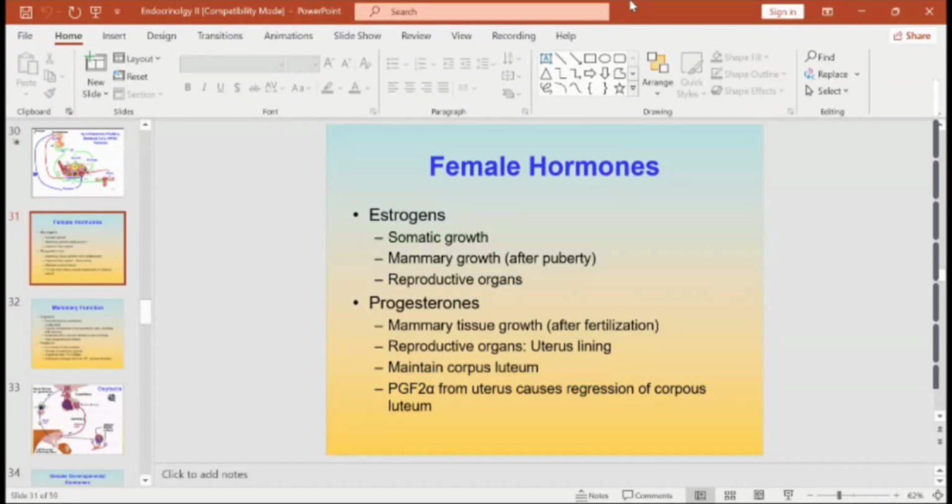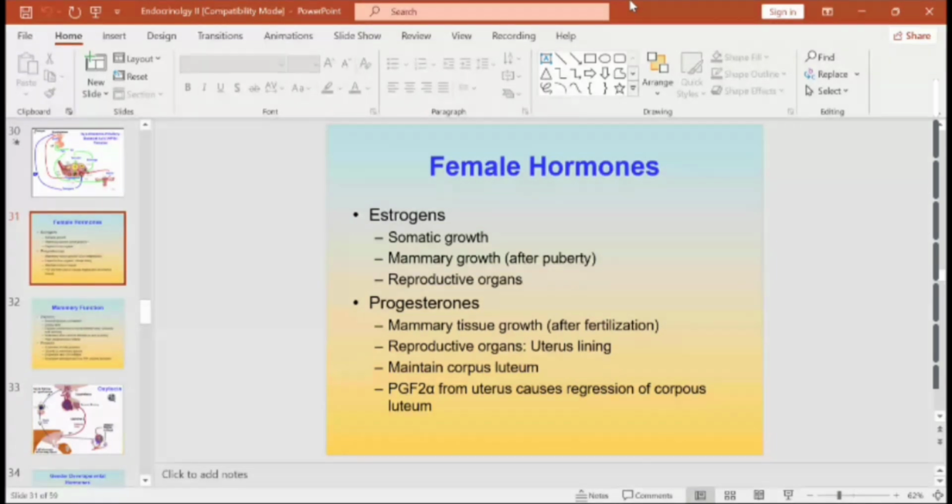And the corpus luteum will usually continue to produce progesterone if pregnancy takes place, until about 2 to 3 months before the placenta takes over. And we'll also look at the details when we review the female reproductive system, the cyclical changes.